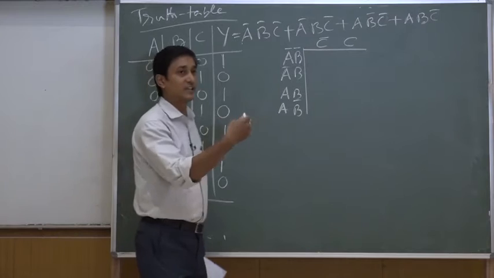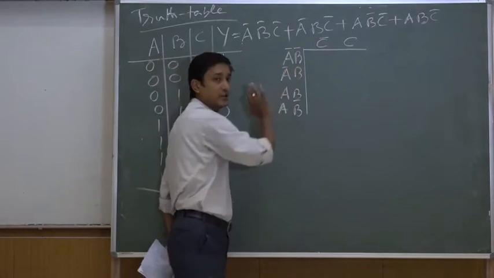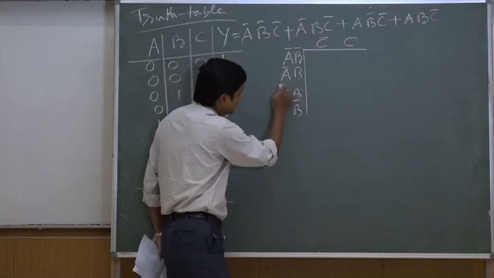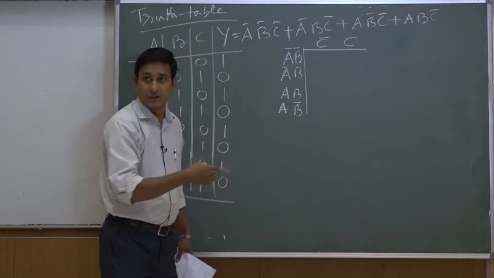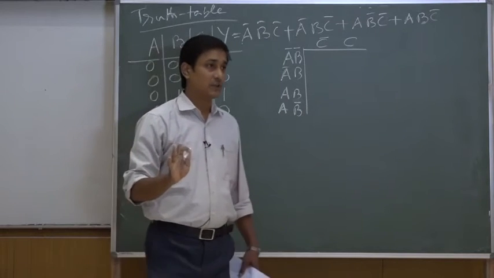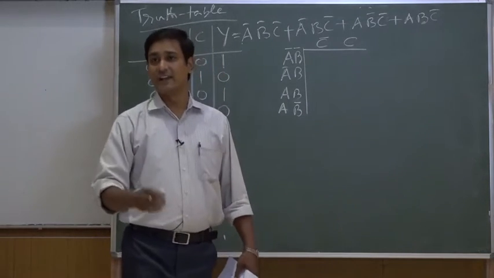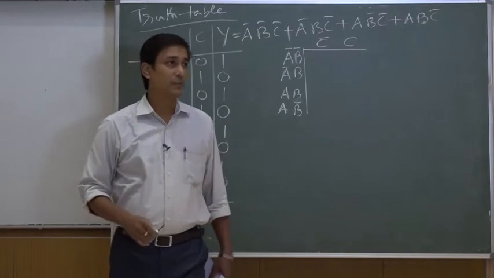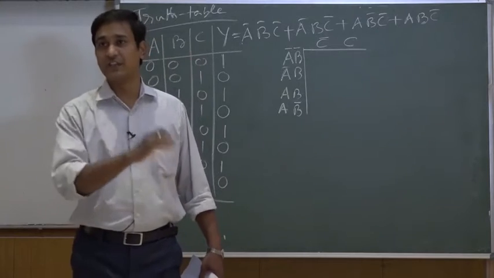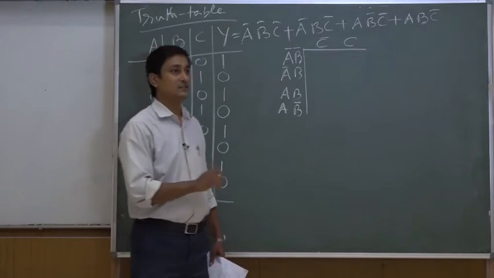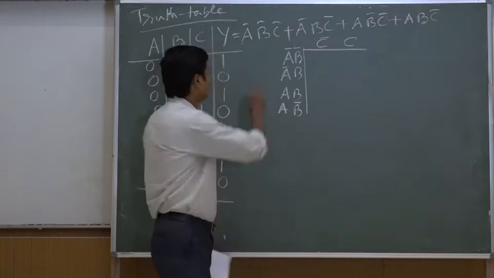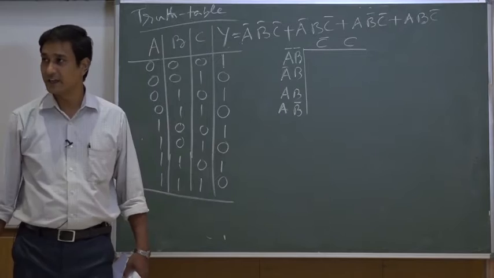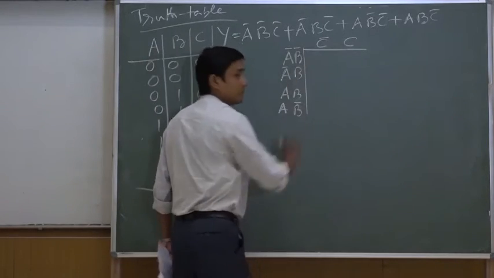One small question can come here. It is fine that you have put A bar, B bar and A bar, B, but why has A, B come in between? There is a specific reason. As we go towards the end, you will be able to see why I have made it this way. It is purposefully to make the Karnaugh map efficient, to minimize the logic expressions which will be asked to implement at the end. So, we will follow this.